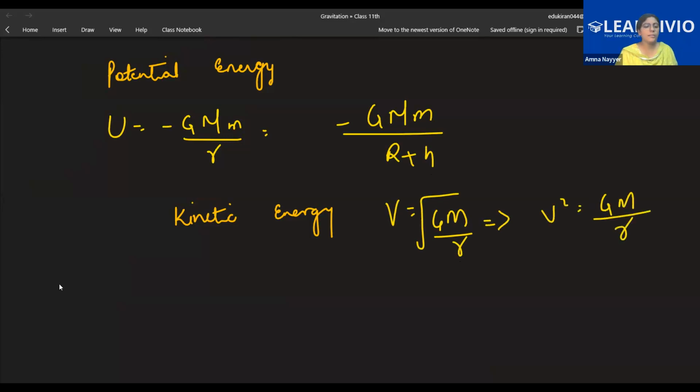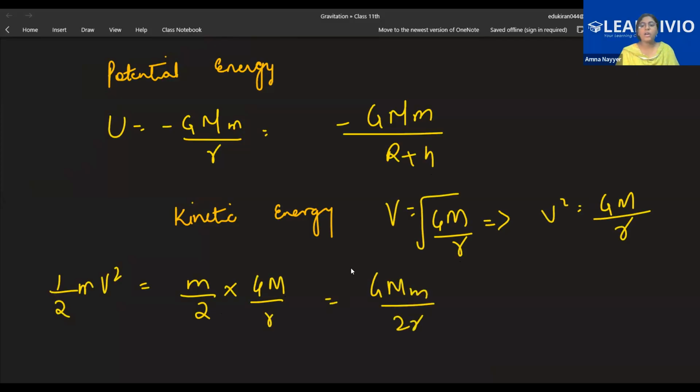The kinetic energy is half m v square, which becomes G capital M small m by 2r, or capital G capital M small m by 2 into r plus h for small r.